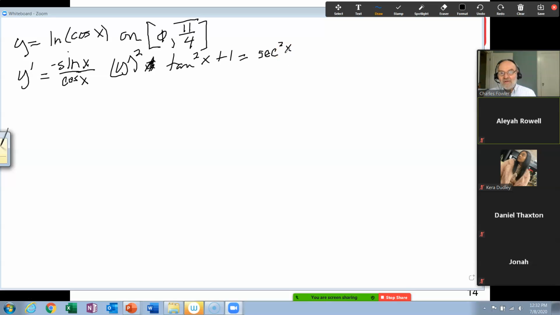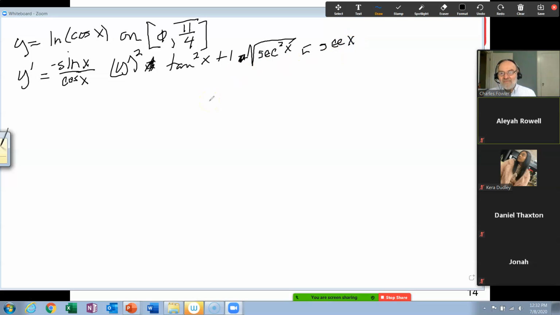Because 1 plus tangent squared is secant squared. And what's the next thing we do to it? Take a square root. So when we take the square root of this, that's equal to secant x.